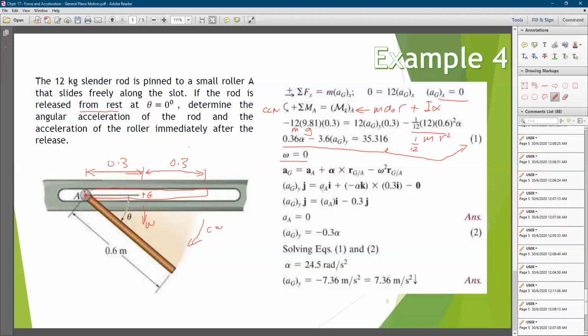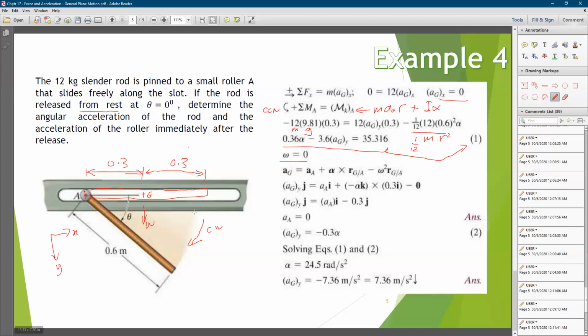AA is the acceleration of point A, which shall move to the right, taking this as our reference axis.